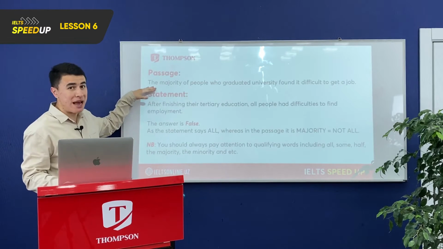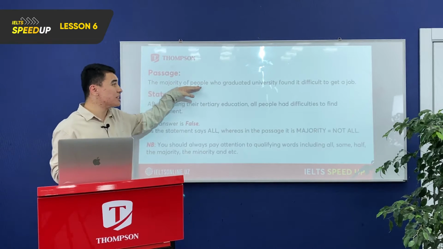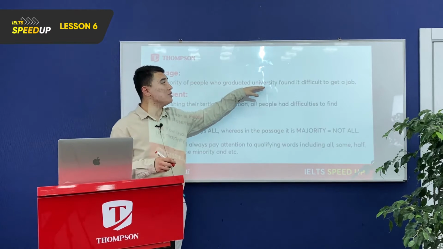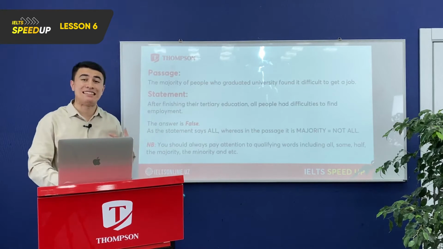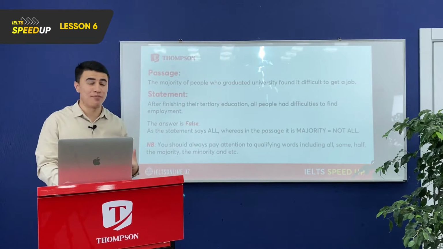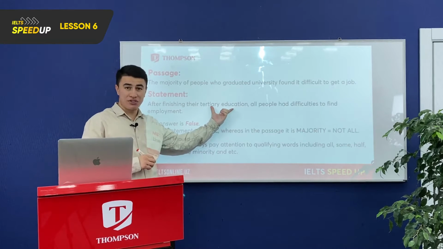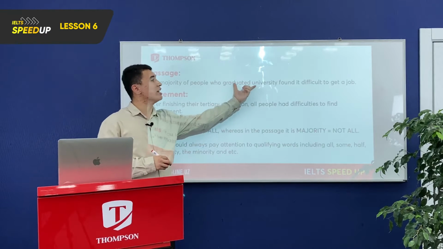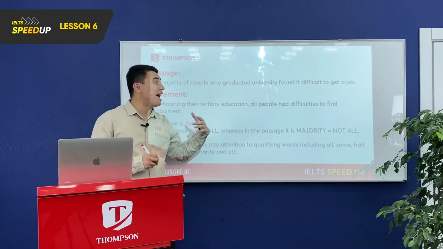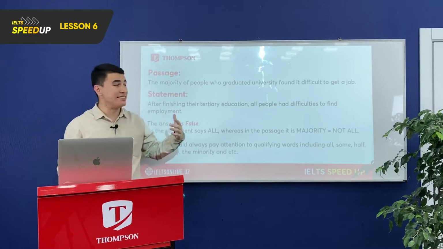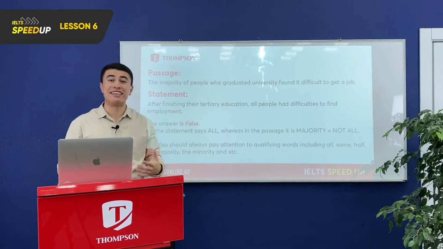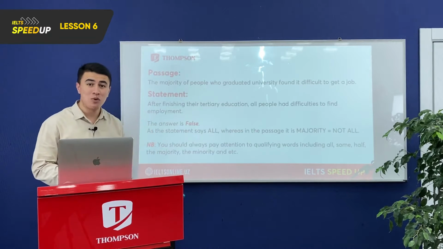And in the passage, we can see the majority of people who graduated university found it difficult to get a job. Here we have tertiary education that stands for university degree and employment that is a good synonym for getting a job.